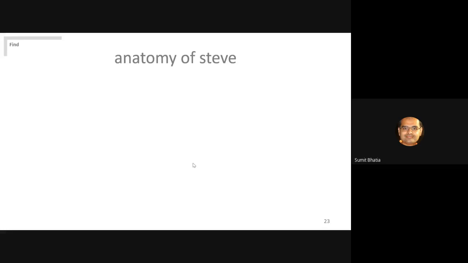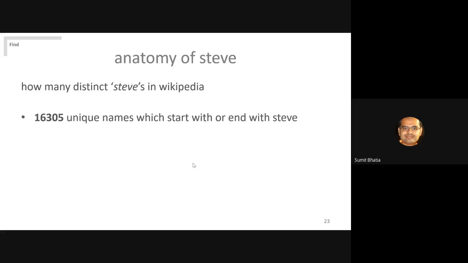graph, right? So to motivate the problem, let me present to you this question. Do you know how many people named Steve exist in Wikipedia? Last I checked, there were more than 16,000 people in Wikipedia that have Steve in their name, right?